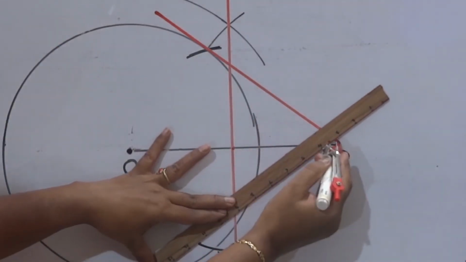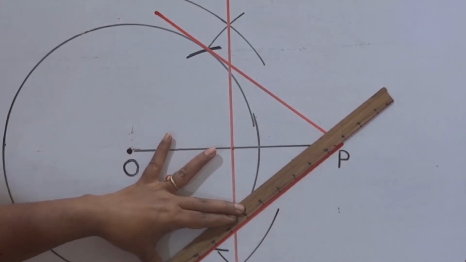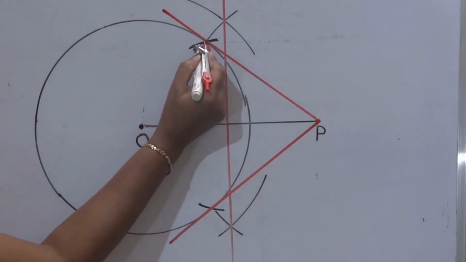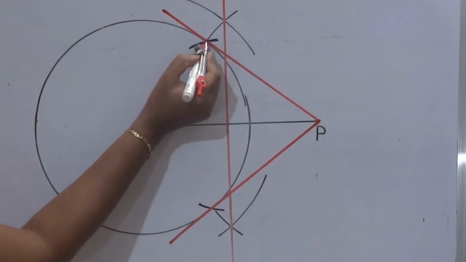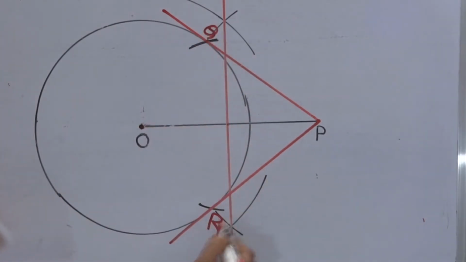Similarly, draw one more tangent from P to the lower side of the circle. If you want, you can join this point to the center, give some name PQR. Now PQ and PR are the tangents.